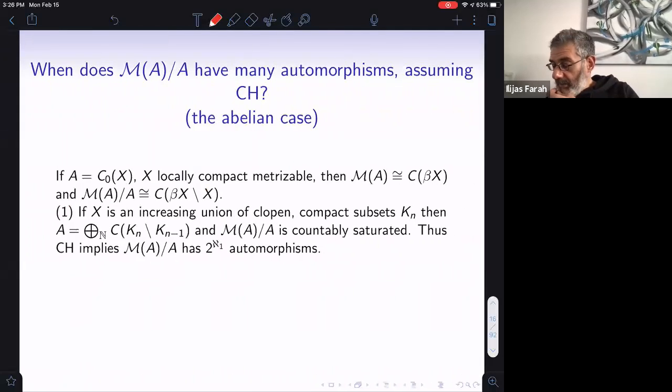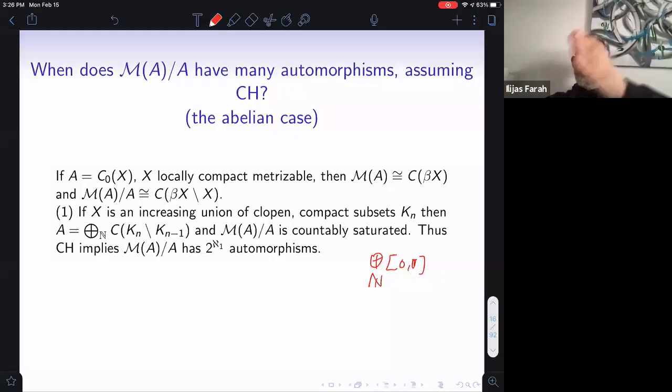Okay, so let's look at what we can say here. First, the easy case: if you can write X as an increasing union of clopen compact subsets K_n, something like, let's say, a direct sum of countably many copies of the unit interval, or countably many copies of Cantor space, or basically anything you can partition into compact clopen sets, then A is a direct sum of continuous functions on these.